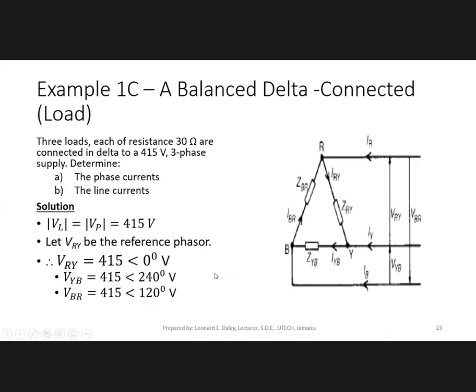You said that it's anti-clockwise, correct? Right. So, you remember when we were looking at the star system and we had a VR at 0 and VY at 240 and VB at 120?